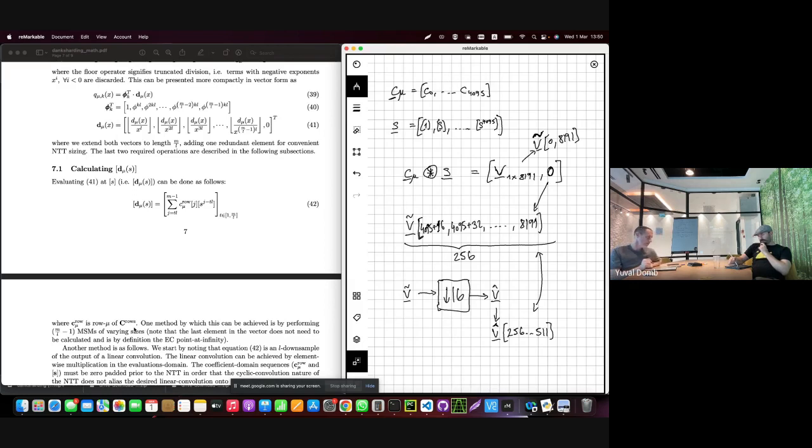How do I do a convolution? What I can do is I can actually do a Fourier transform of each one of these vectors. Okay. Now, once I've done that, I will get some other vectors.